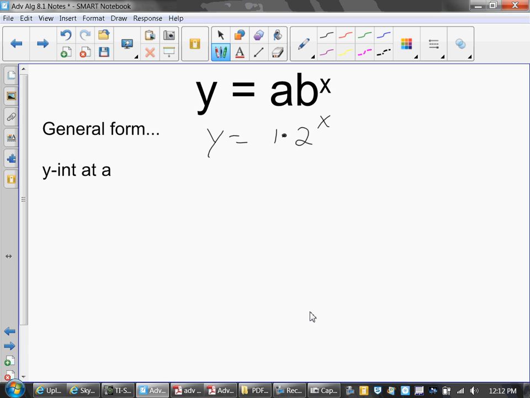Always. So this is the general, or if you want to call it, the parent form for exponential growth problems. Your y-intercept always will occur at the value of a.